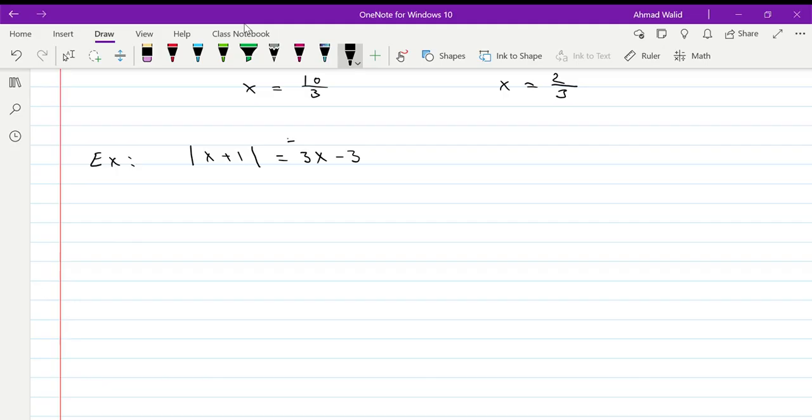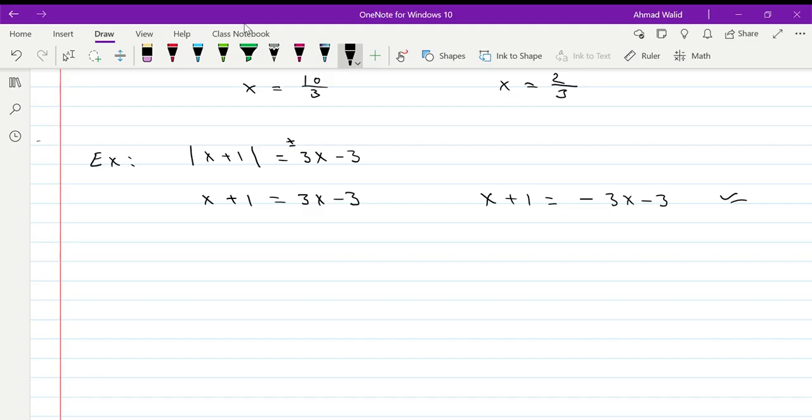Now, what to do here? Because on the left side you don't have absolute value, use the plus minus sign on the right side and make 2 equations. x plus 1 equals positive 3x minus 3, and x plus 1 equals negative of 3x minus 3. Focus on the second equation.